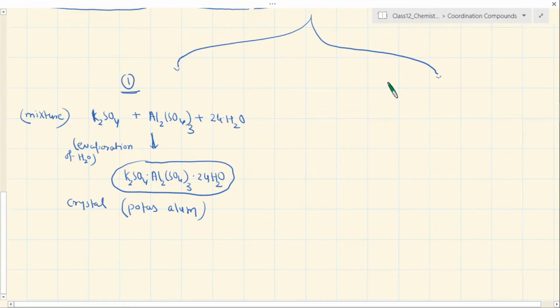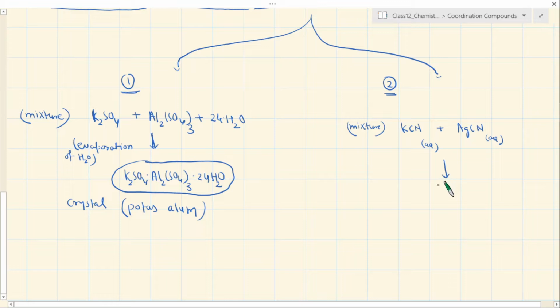Now there is another kind of case which is also possible if you have a specific compound. For example, you take a solution of potassium cyanide, KCN, and you take a solution of AgCN, which is not very highly soluble, but still you have a certain sparingly soluble amount of this in solution. Now what happens here? Here also I would say, let's say, a mixture, and these are also in their aqueous solution.